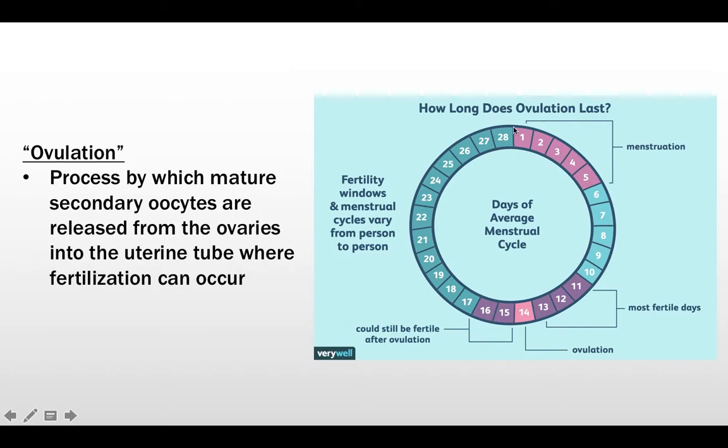So for instance, the first few days are tagged as menstrual days. This is when she's shedding her uterus from the last month, if there was no pregnancy that was successfully embedded. Her most fertile days fall around the middle of her cycle. So we're looking at days 11 through 16, with 14 being peak fertility.